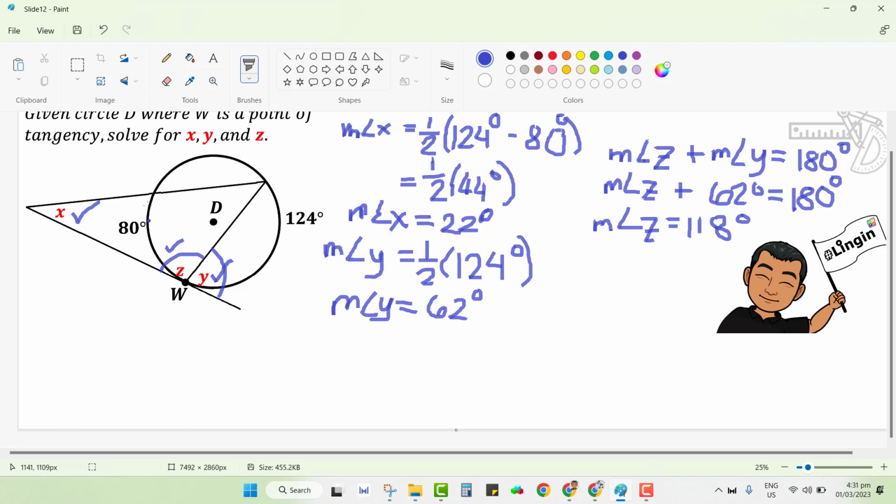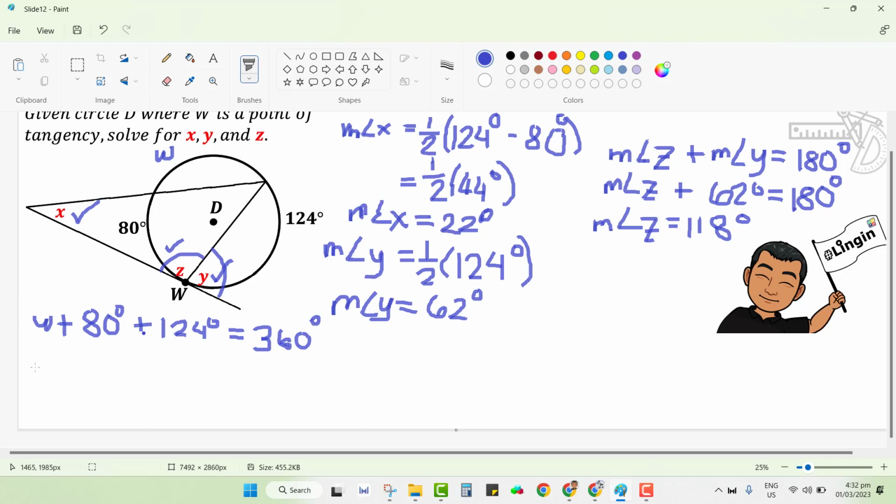But since it's a complete circle, we could solve for this. Let's say this is w. For this to become a circle, the measurement of w plus 80 degrees plus 124 degrees must be equal to the entire circumference of 360 degrees.